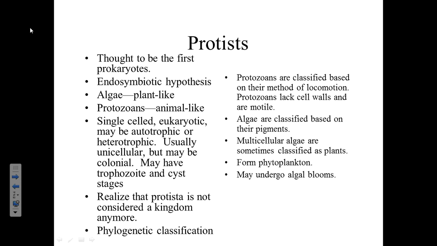And as they started looking at the things that had been categorized as protists, started looking at things like their DNA, what did they find? They weren't closely related. And if they're not closely related, does it make sense to put them into the same group? No. So they're kind of being put all over the place.